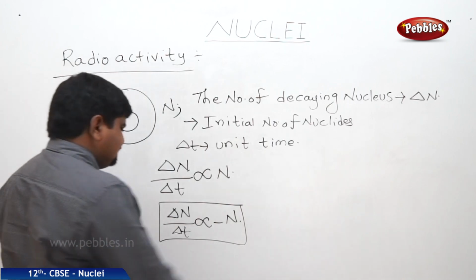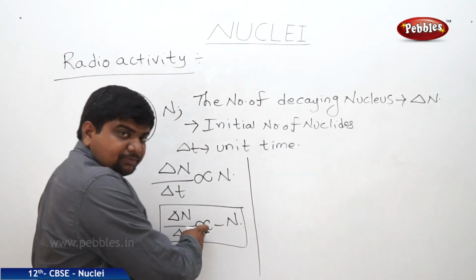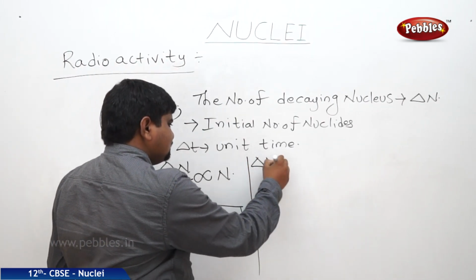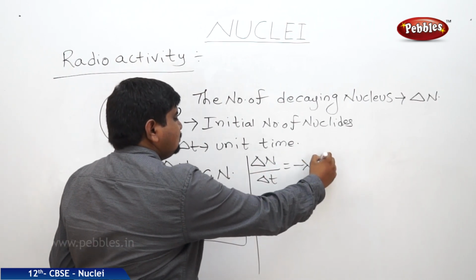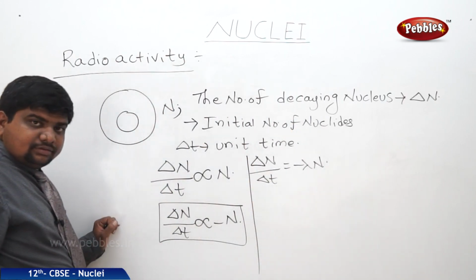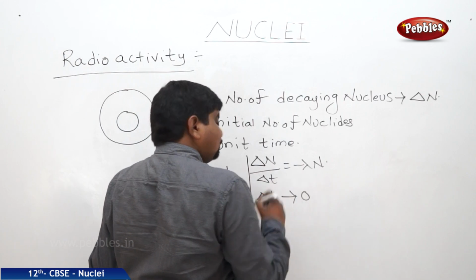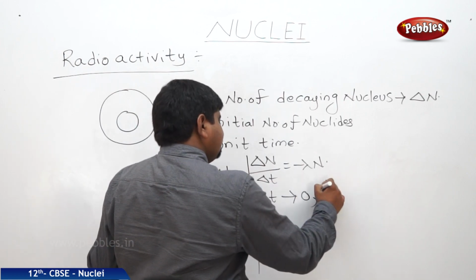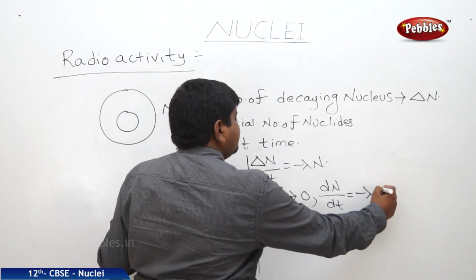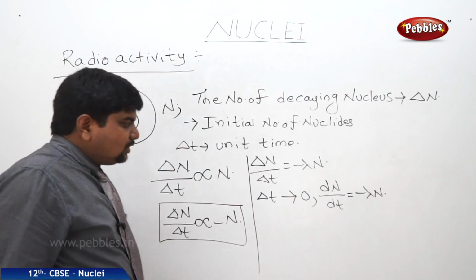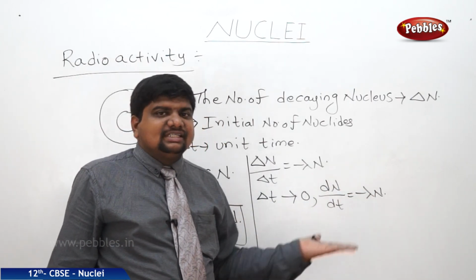So if this is the case, now we can write like this. If I remove the proportionality constant, the equation will be delta N by delta t equals minus lambda N. Suppose delta t tends to 0, then this whole equation will become dN by dt is equal to minus lambda N. Now we should apply the variable separable method to find out the number of nuclides disintegrating.